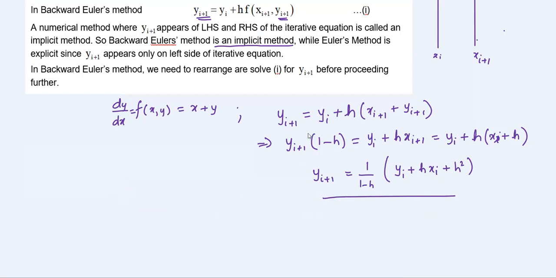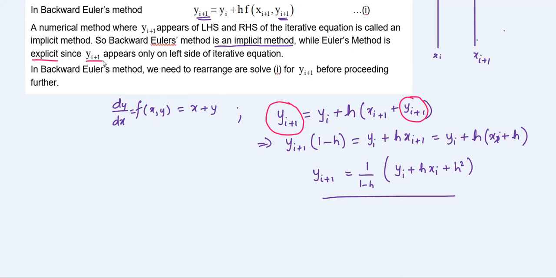So I have solved it: yi plus 1 is defined in terms of yi plus 1. So this is called an implicit iterative step. Backward Euler's method is an implicit method, whereas Euler's method is an explicit method.